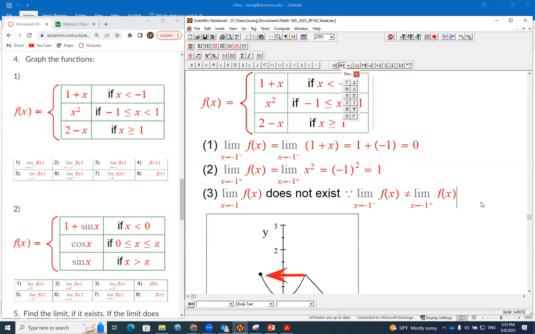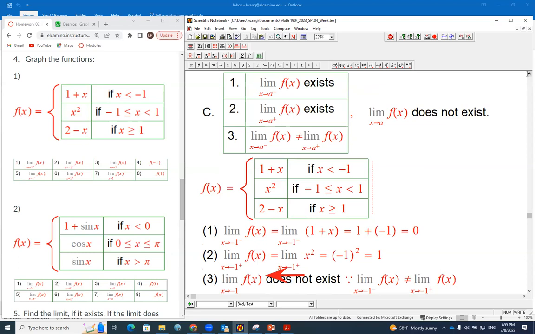Ideally, you show your work like that. So which category is this question? The limit does not exist. Both limits exist, but they're not the same. This kind of question shows up quite often.